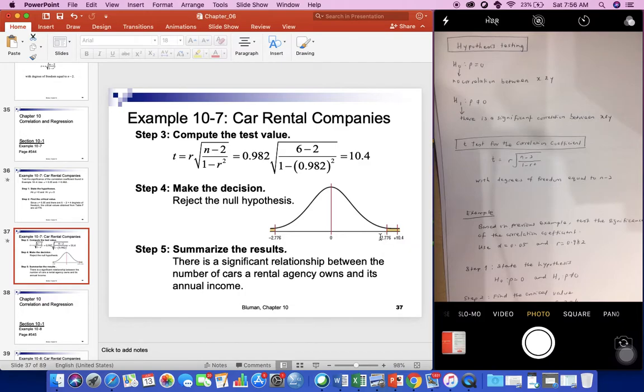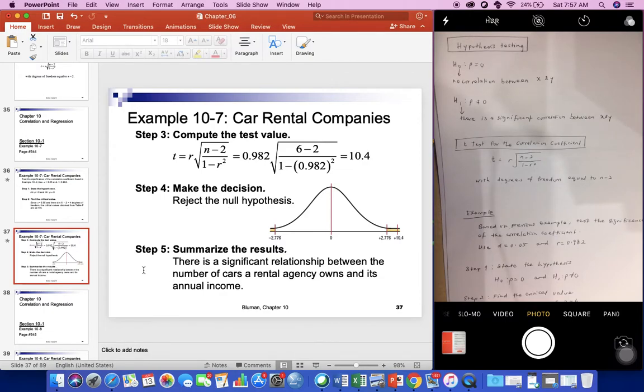You can see this is your two tails, the values coming from table F, and this one is the test value 10.4. From here you can see that 10.4 is inside the critical region. Once it is inside the critical region, we must reject the null hypothesis.